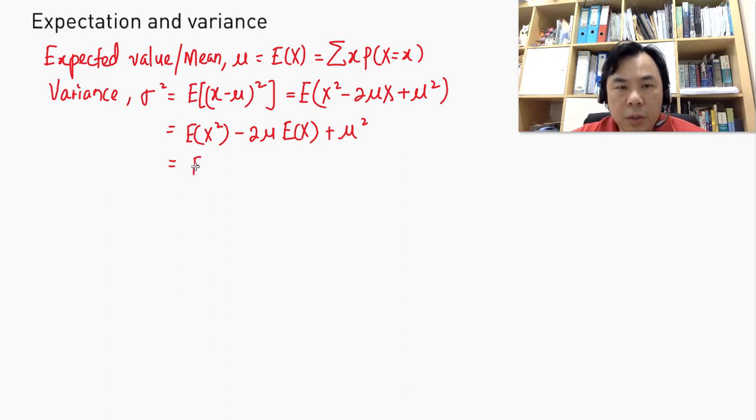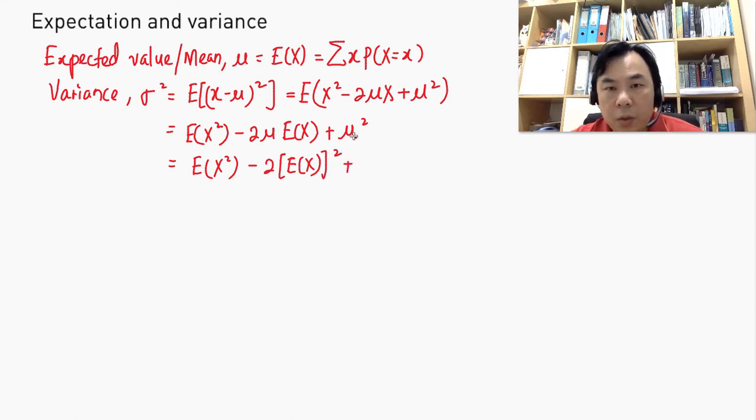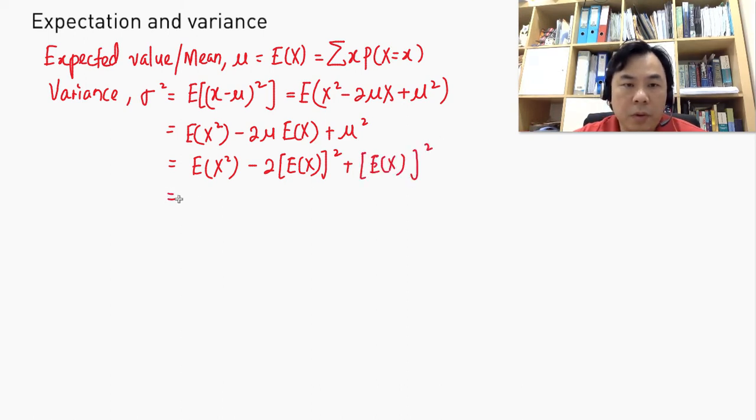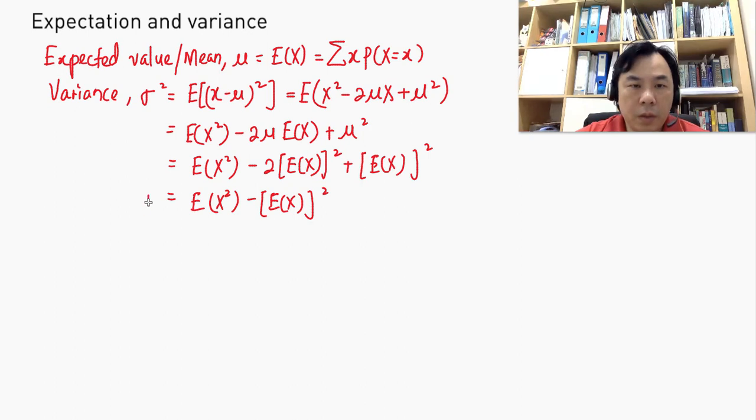And then from here, we have E[X squared] here, and then this can be written as 2 E[X] squared here, because knowing that the mean is equal to this. And then this one also we can rewrite like this, and therefore we end up with this. This can be simplified into this. All right, and then there you have it. This is the second formula of variance derived from its original definition here.